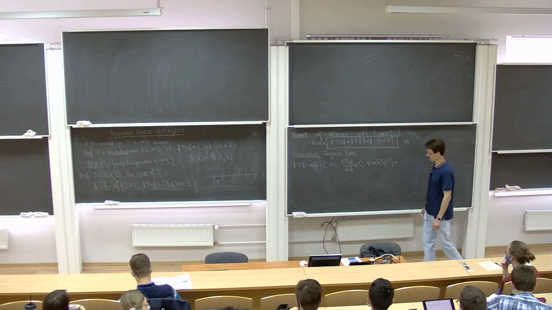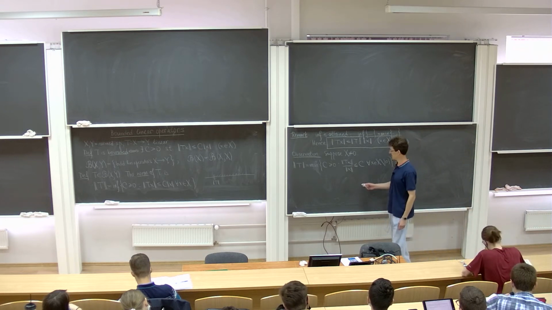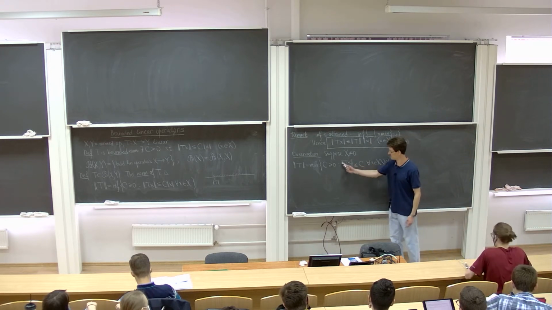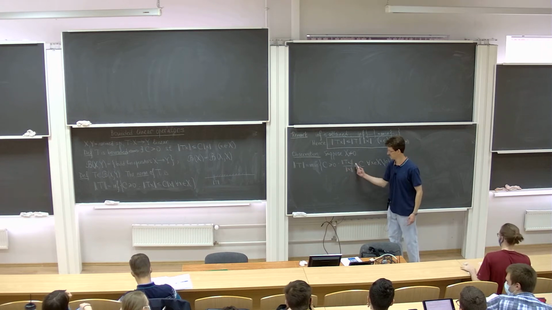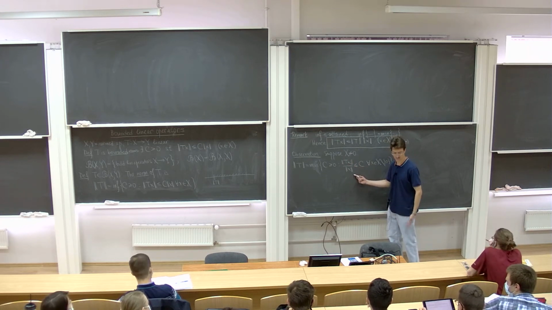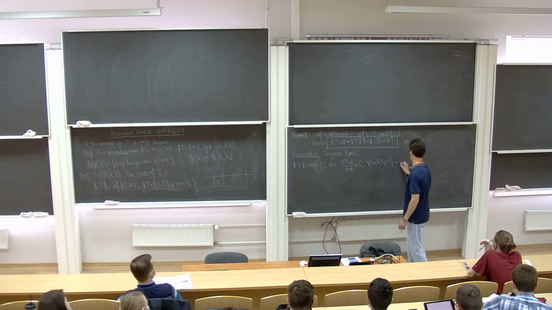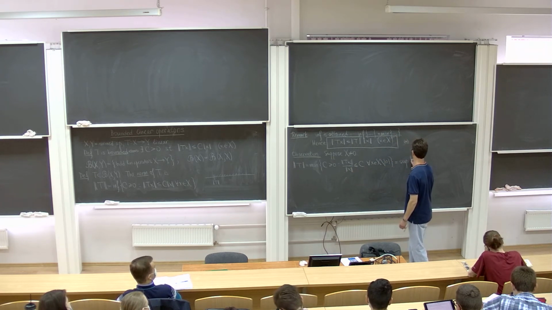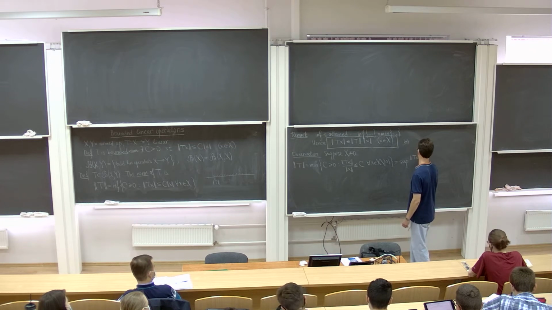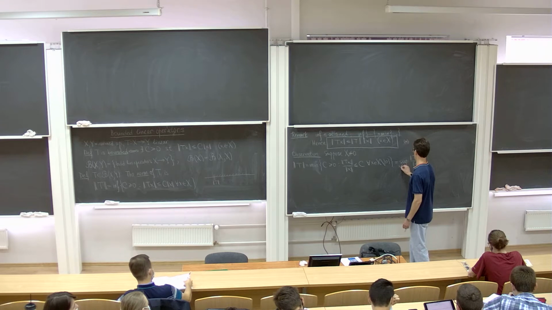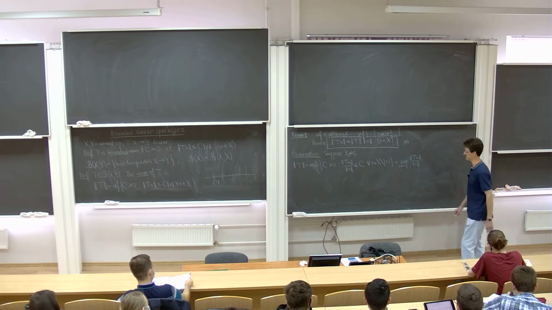Now, what is this? So by the very definition, this is just the supremum of this set. This is the least upper bound for this set. So in other words, this is the supremum of the norm of Tx over the norm of x, where x runs over all non-zero elements.